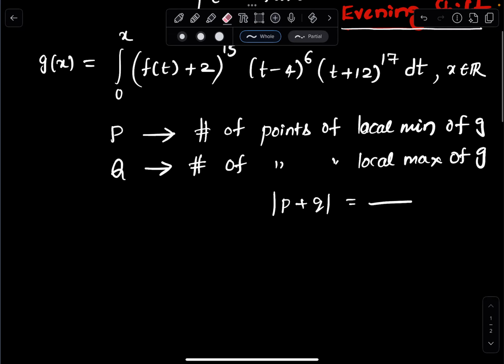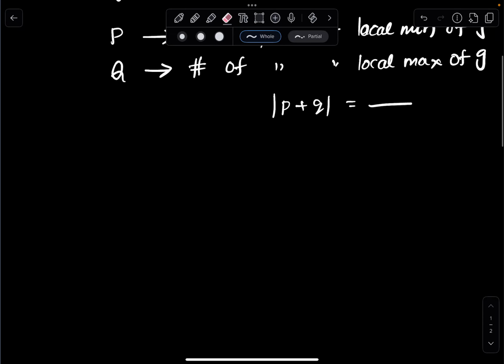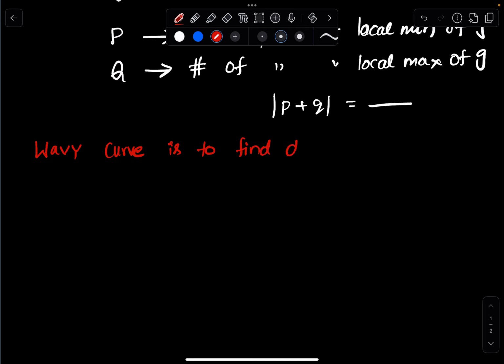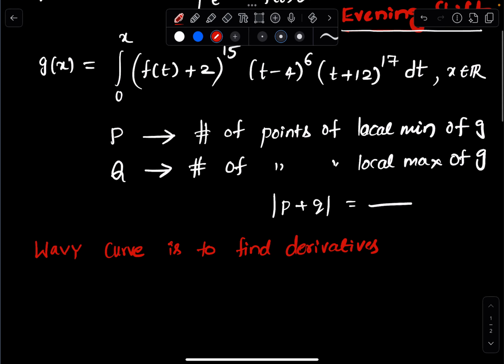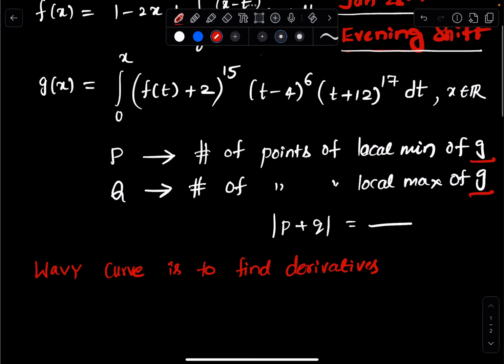So the important step in the wavy curve method is to find the derivatives of the function. Now since they are asking about the local minimum and local maximum of g of x, let us consider this part.